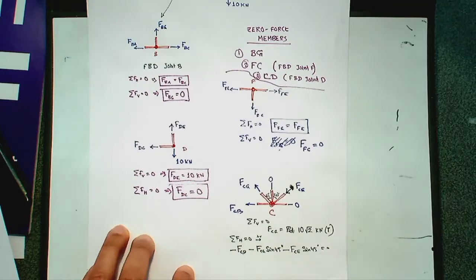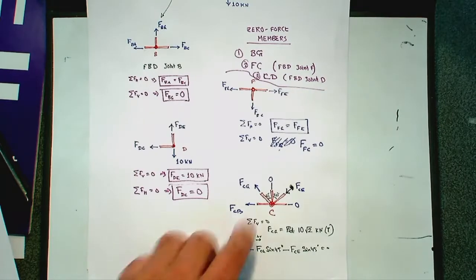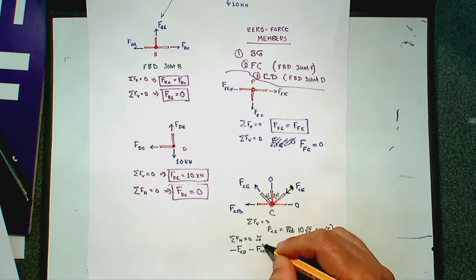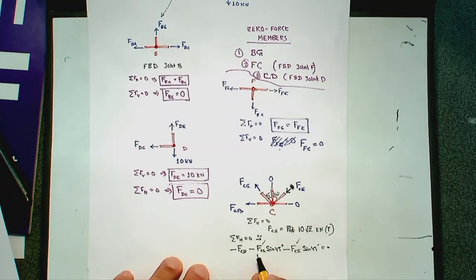That will give you FCB, which comes from the summation of these two horizontal components, and it will be negative as well. This value is known, this value is known, so you can find out FCB. So FCB would be the negative of these two.